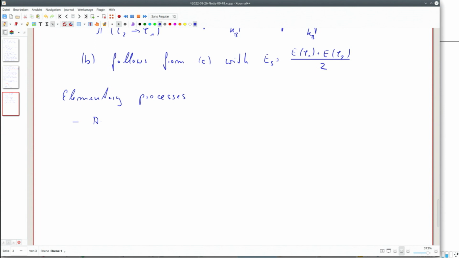So you could have AB exchanges on random sites. Could be AB exchange on neighboring sites.